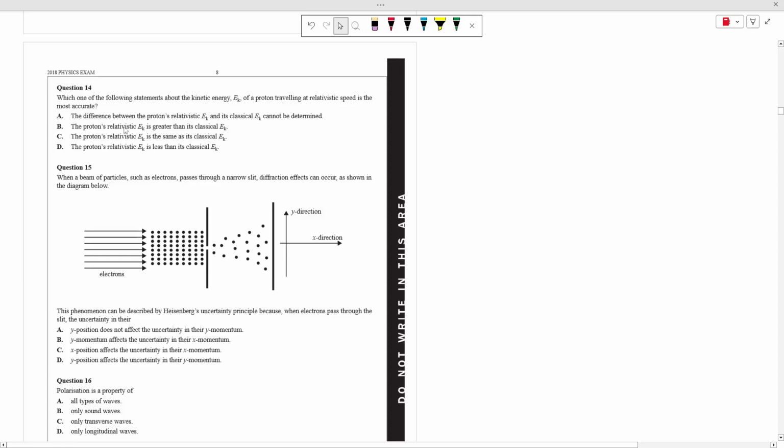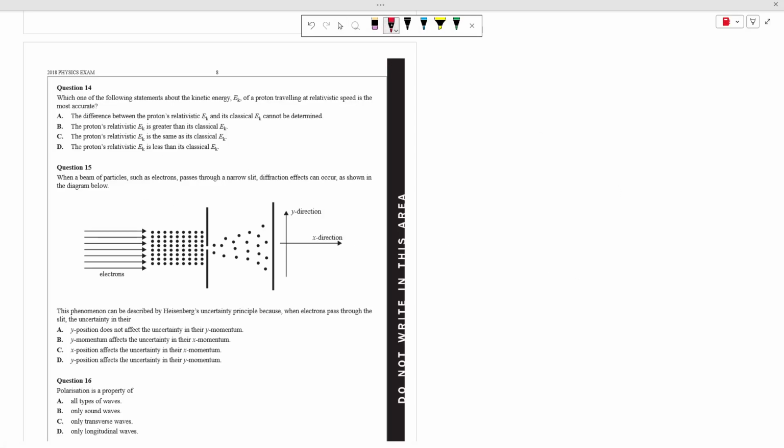B, the proton's relativistic kinetic energy is greater than its classical kinetic energy. That one sounds like it's going to be correct, so I'll keep reading. The proton's relativistic energy is the same as its classical, or the proton's relativistic energy is less than its classical. Okay. So how can we sort of prove what's going on here?